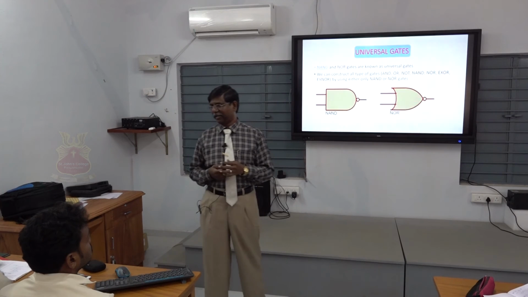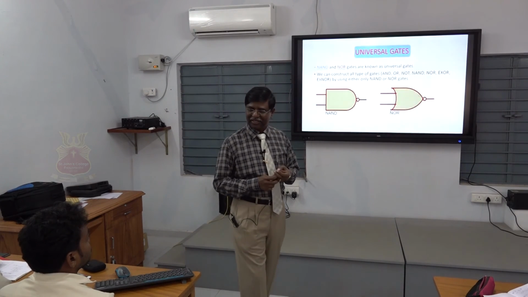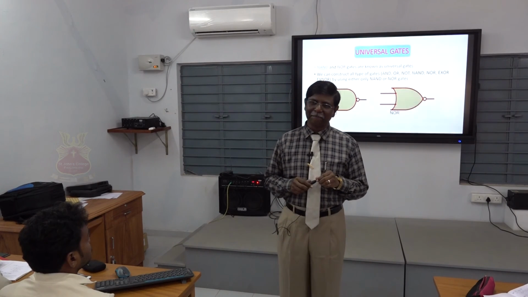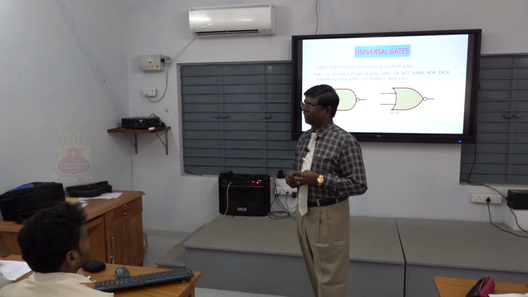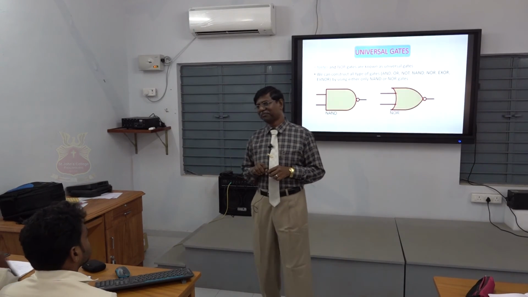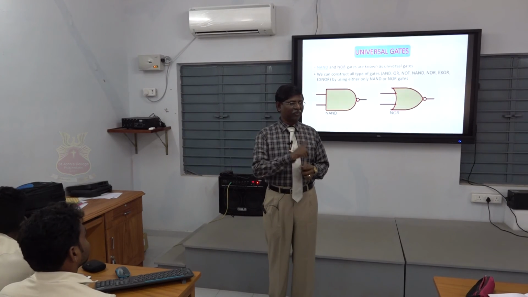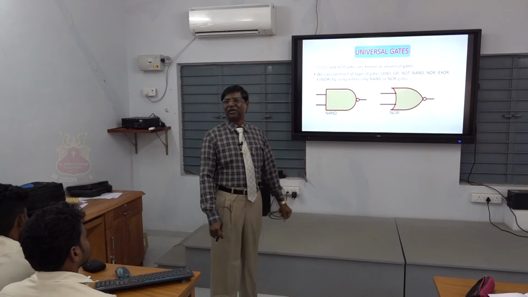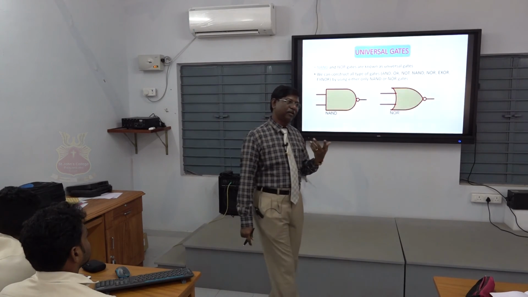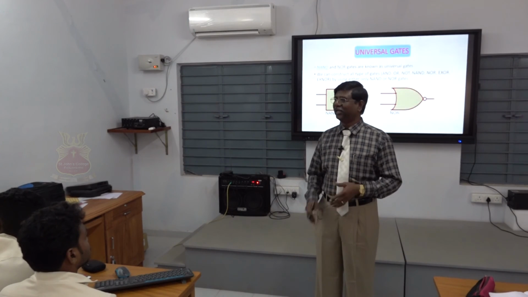How many XOR gates are implied in one half adder? Two XOR gates for half adder? Only one XOR gate is used. Only one. How many AND gates are used? Only one AND gate is used. For half adder operation, you require only one AND gate and one XOR gate.